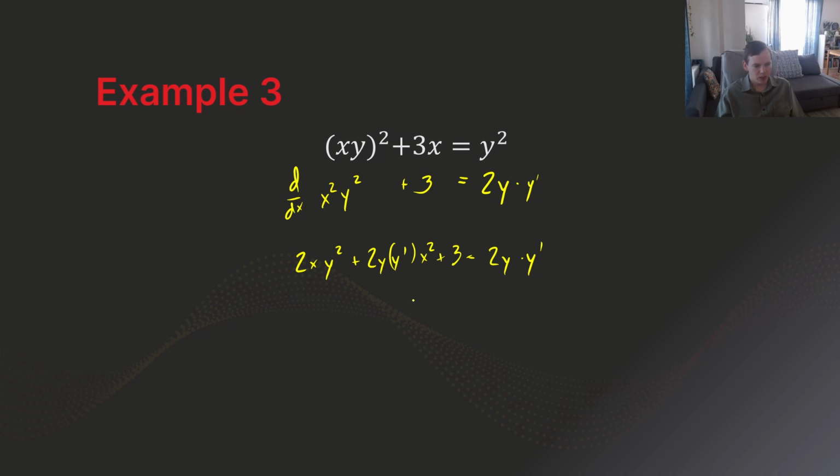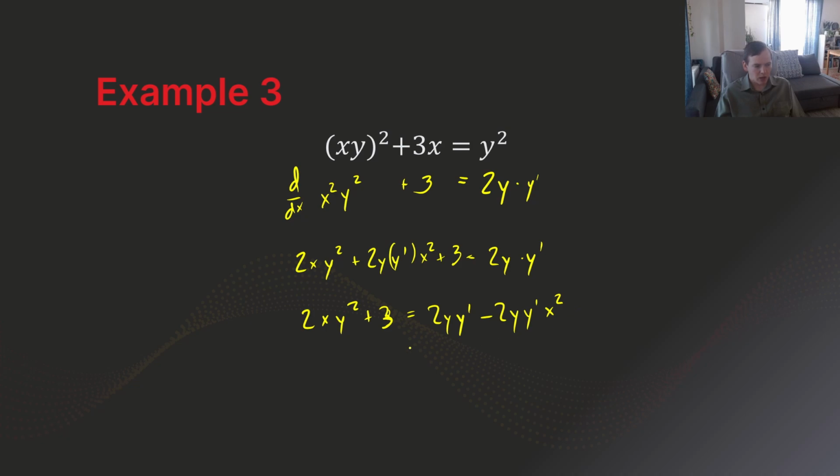Now you move everything with y prime to one side, everything without y prime to the other. So I'll leave the non-y prime stuff on the left here, just because then I'll have fewer negatives. 2xy squared plus 3 is equal to 2y y prime minus 2y y prime x squared.